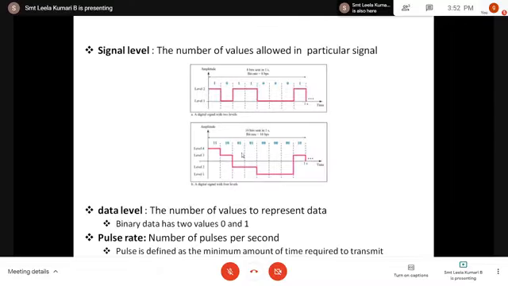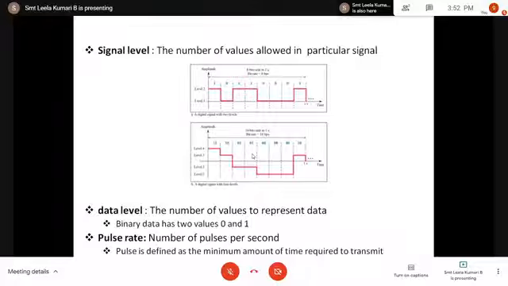And coming to this example, if you see, there were 4 different values. Level 1 is minus 2 volts, level 2 is minus 1 volt, level 3 is plus 1, level 4 is plus 2. So in this signal, the number of values allowed is 4. Therefore, the number of signal levels is 4 in this case.